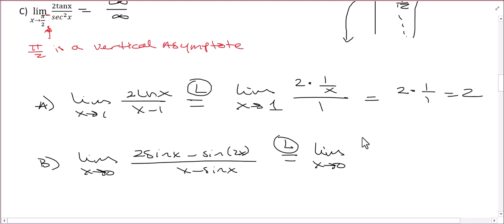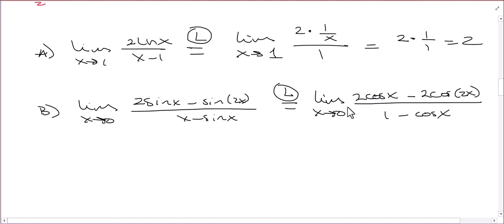So the derivative of sine x is cosine. So I'll have 2 cosine x minus the derivative of sine of 2x, which is cosine of 2x, and then by chain rule times 2. So let's put the 2 there, all over the derivative of the bottom. So 1 minus cosine x.